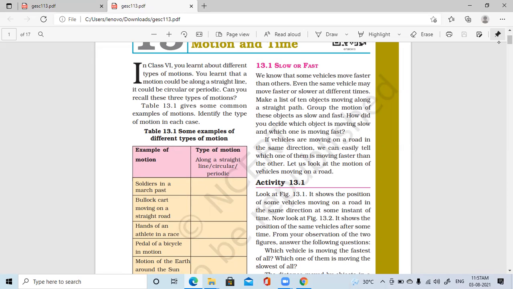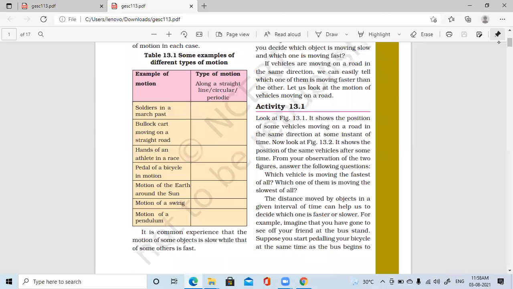So how do you decide which object is moving slow and which one is moving fast? When the vehicles are moving in the same direction, then it's easy for us to identify which is moving faster, which is moving slower. Because the vehicle which is moving ahead is moving faster, and the one which is behind is moving slower.